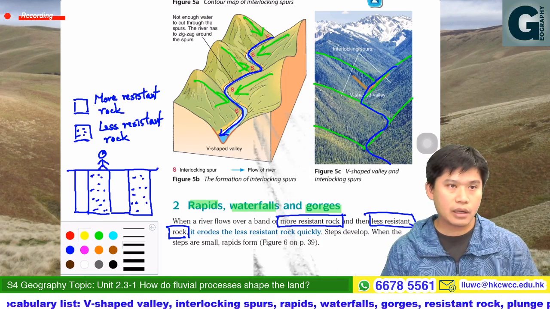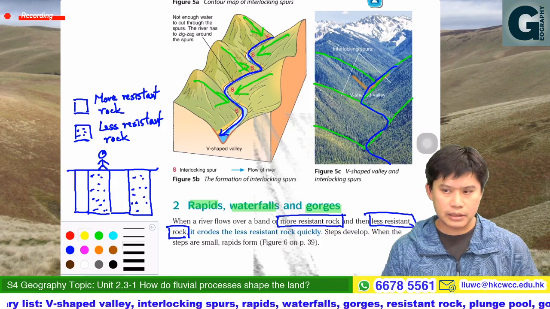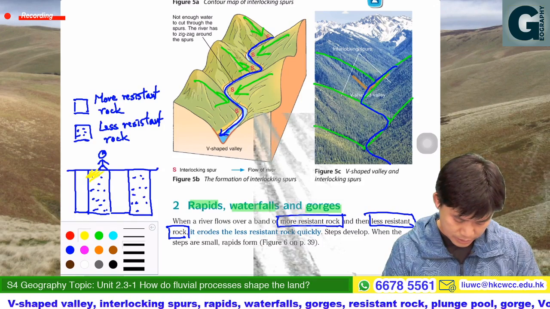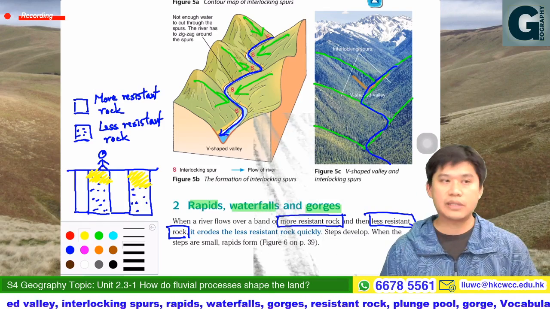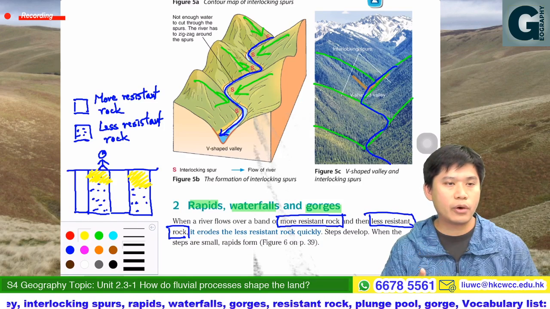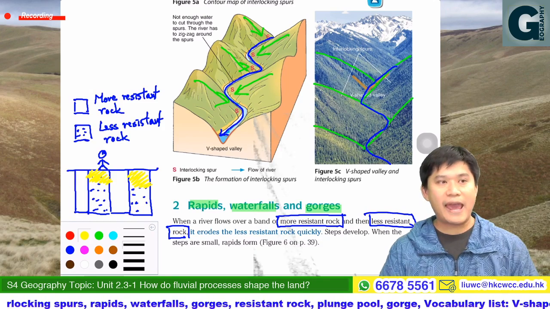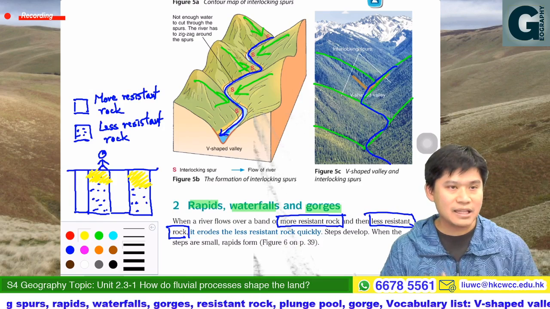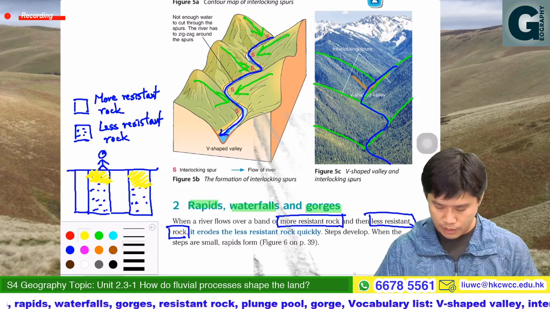So if there are any agents of erosion like this, the less resistant rock could be eroded easily, and then it may form a different landscape, and that kind of layering may lead to the formation of rapids, waterfalls, and gorges.